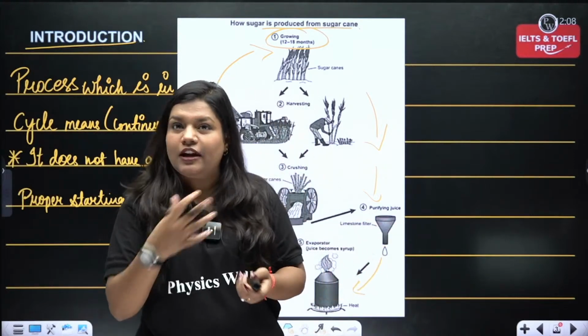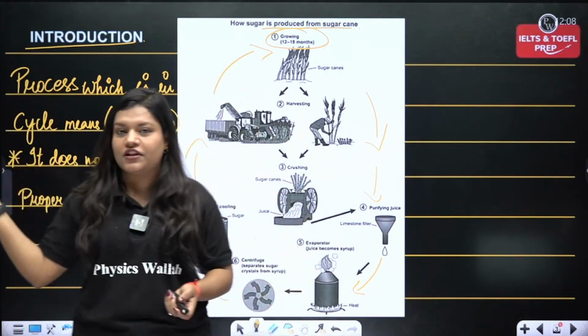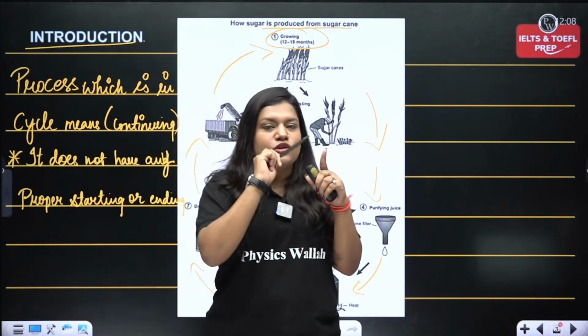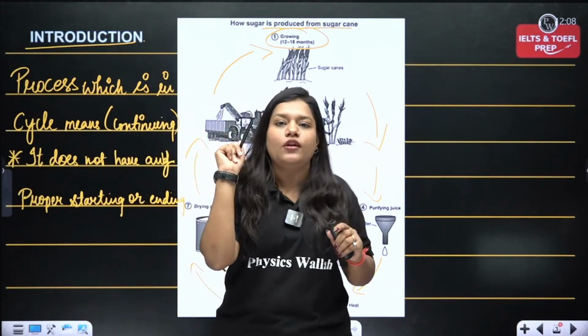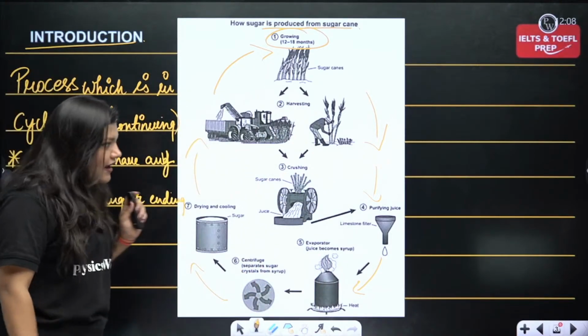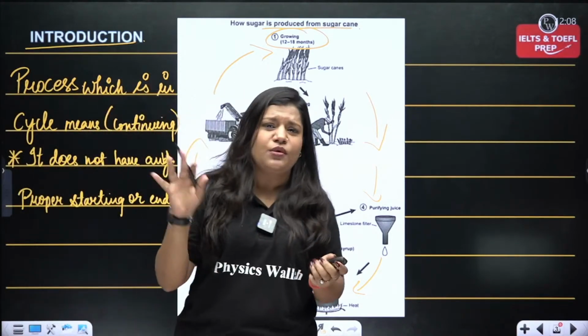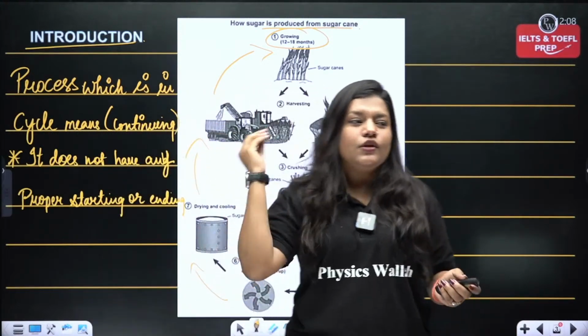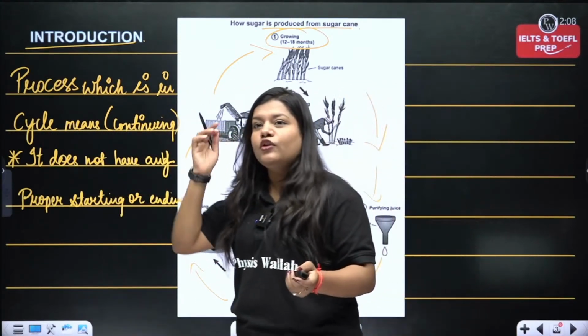You can just name any of the steps. You can start off with any of the steps and then you can continue, because the process starts from one step and then repeats the same step again. That is the thing. Okay, so that was the cyclic diagram. It does not have to do anything with the question. It was a normal gist, a sort of introduction that I have already given you.